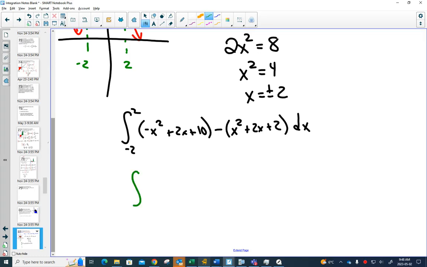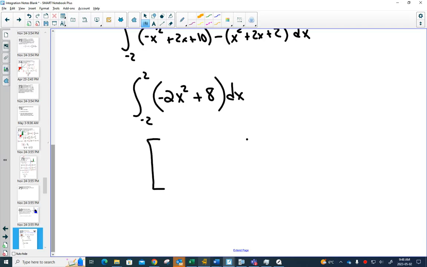So when we go now from -2 to 2, I get -2x². My 2x's cancel out completely. 10 minus 2 is +8. This is all that's left after I simplify, which makes my integral easier to do.